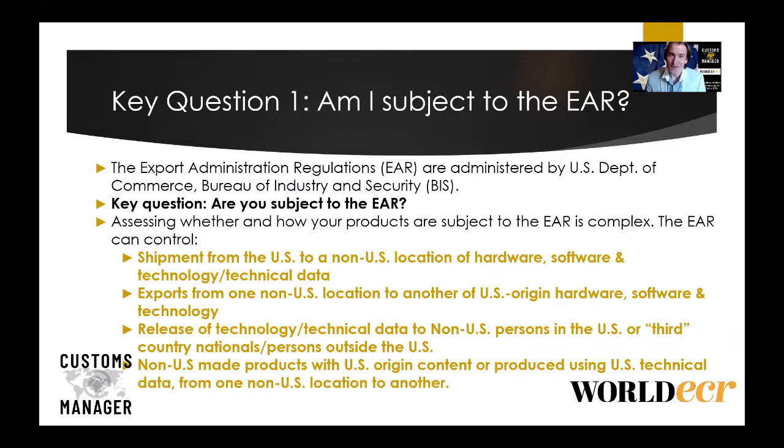So there would be the obvious actual shipment from the US to a non-US location of items: hardware, software, technology, including technical data. But there is also the export from a non-US location, UK, EU, China, Japan, Australia, anywhere, to another non-US location of items, hardware, software, and technology and technical data.